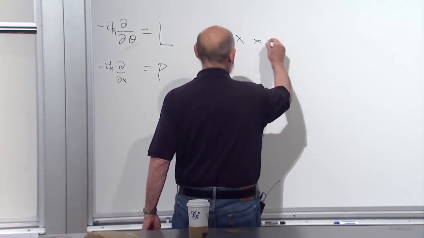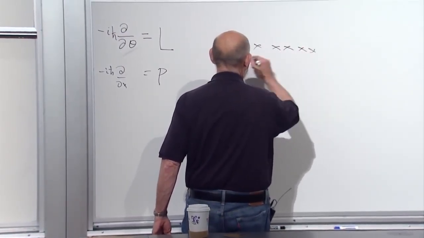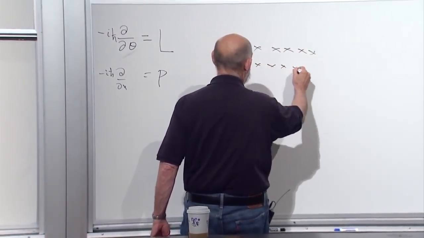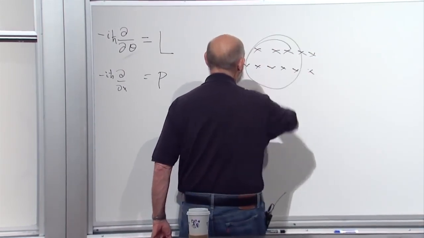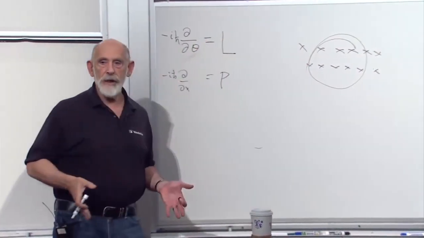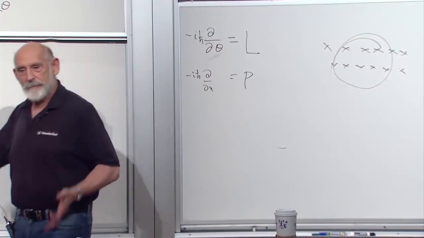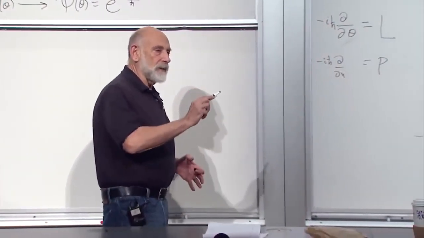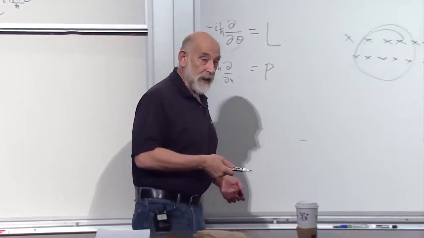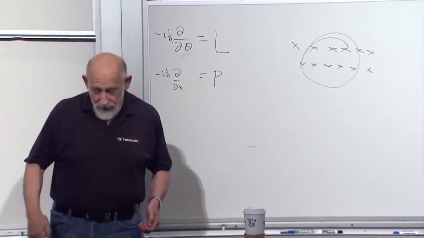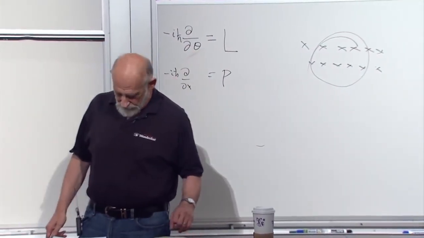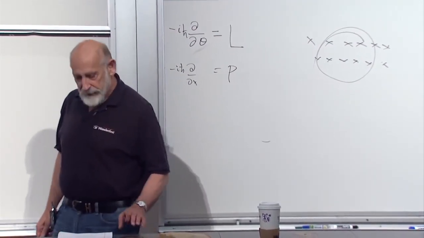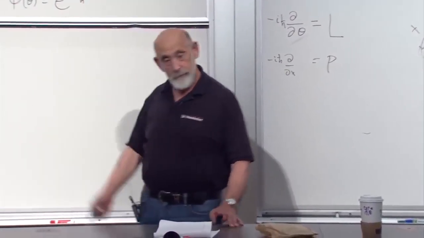Magnetic field, for example, into the blackboard will raise the energy a little bit, maybe I may have it backward, of positive angular momentum and lower the energy a little bit of negative angular momentum, and it will break the degeneracy between m and minus m.